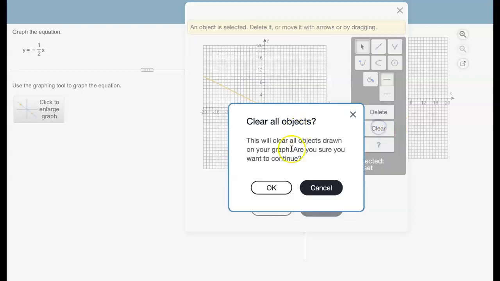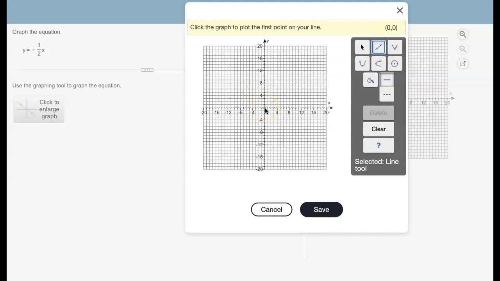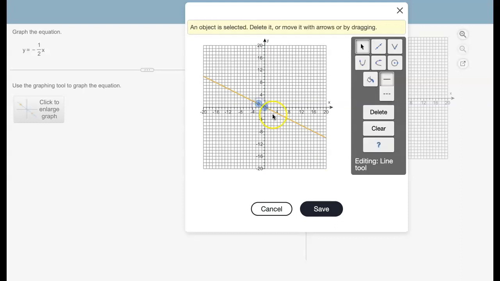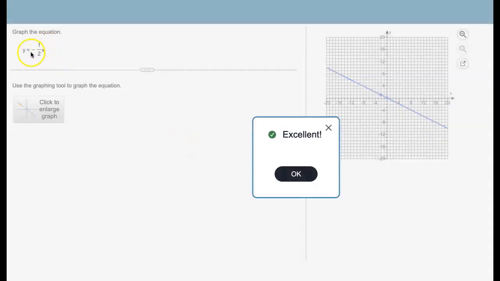Okay. Now, alternatively, I could also say from here, click on this, go up 1 unit and to the left 2 units. That would be the same line. Okay. So regardless if I go down 1 unit and to the right 2 or up 1 unit and to the left 2, I'm going to have the same line, which is going to be this line, y is equal to -1/2 x.